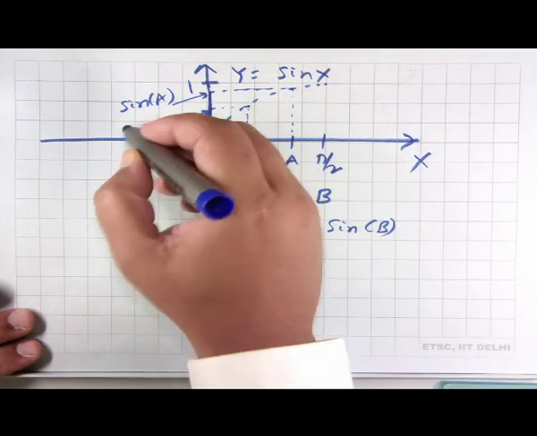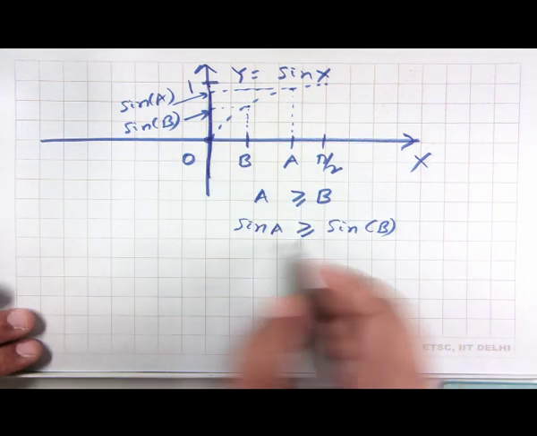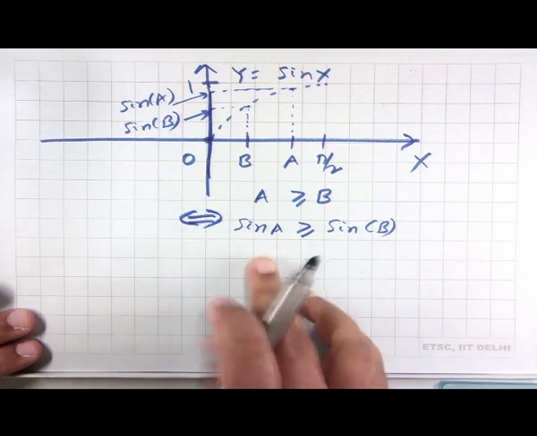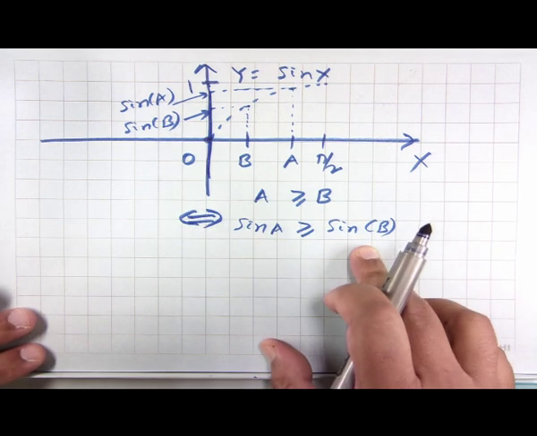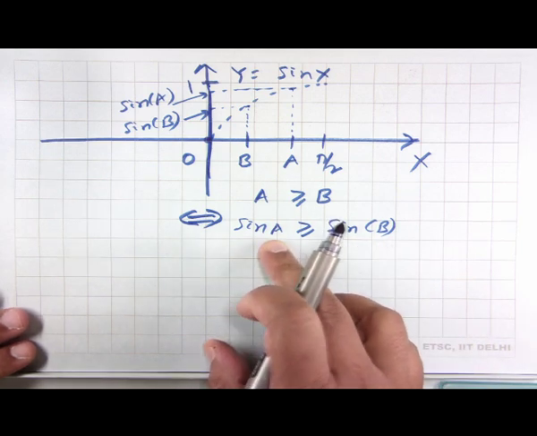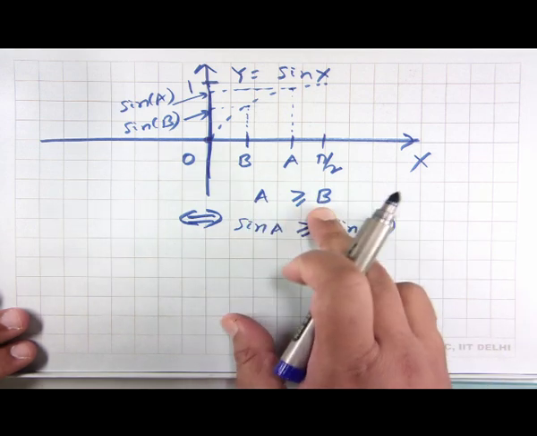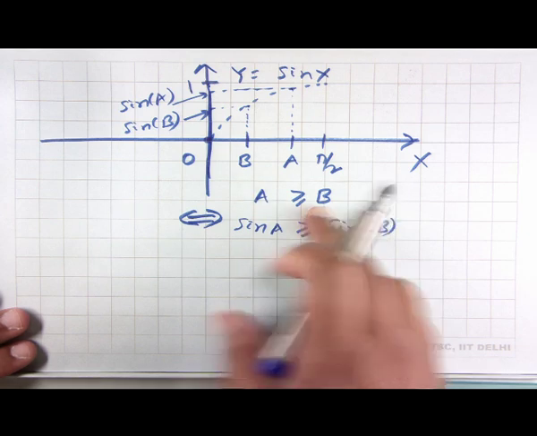So, A greater than or equal to B implies and is implied by the fact that sine A is greater than or equal to sine B. So, if we have to show that sine of A is greater than or equal to sine B, it only suffices to show that A is greater than or equal to B in this interval.